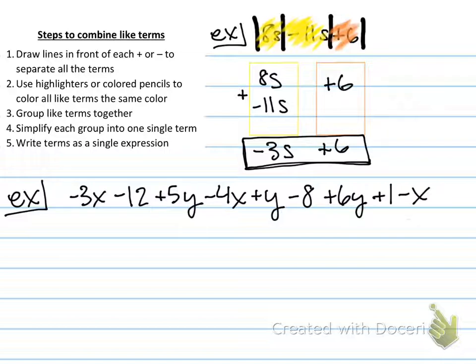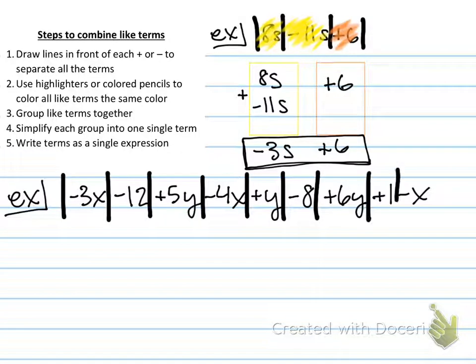So the first step is to draw my lines, and all I'm doing is separating. And I'm making sure that all of these lines are in front of a negative sign or a plus sign, subtraction sign or addition sign whenever I see them. Okay, and if you wanted to put one on the end, you could do that too.